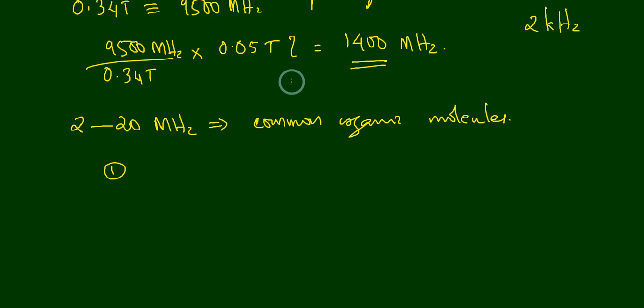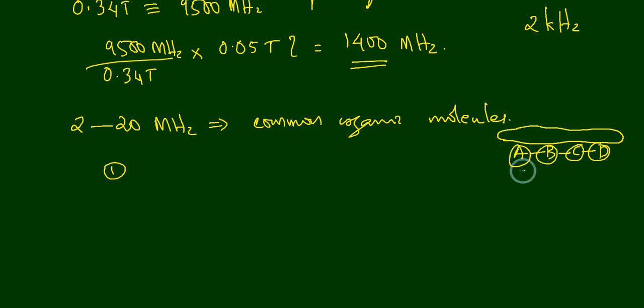But in the case of the hydrogen atom, the unpaired electron is confined to only one nucleus, because hydrogen has only one nucleus. So the entire electron is surrounding one nucleus. But if you take an organic molecule with 3 or 4 nuclei like A, B, C, D, and you consider an unpaired electron in this molecule, that unpaired electron may be residing in a molecular orbital which is spread over all these nuclei.